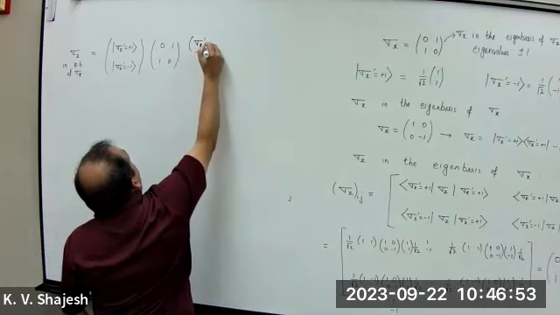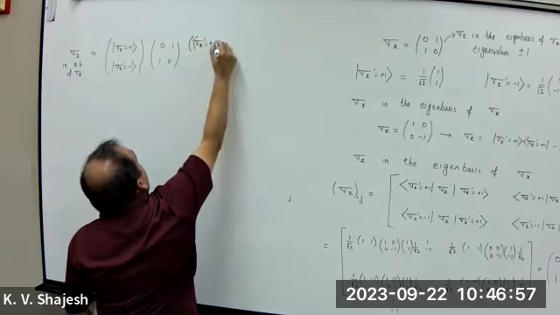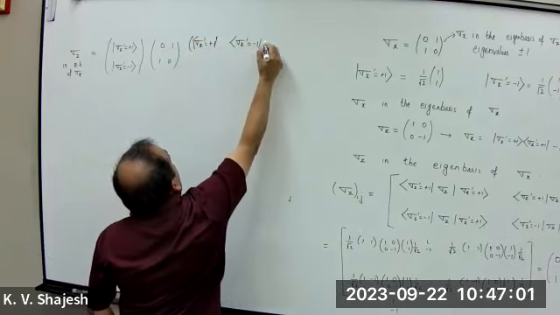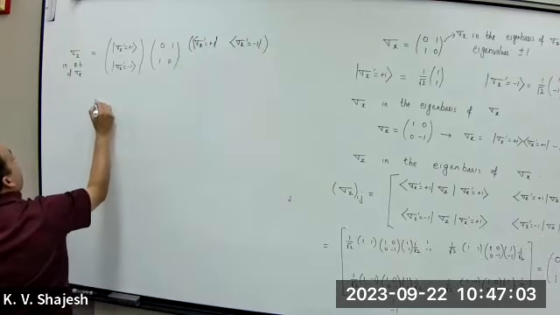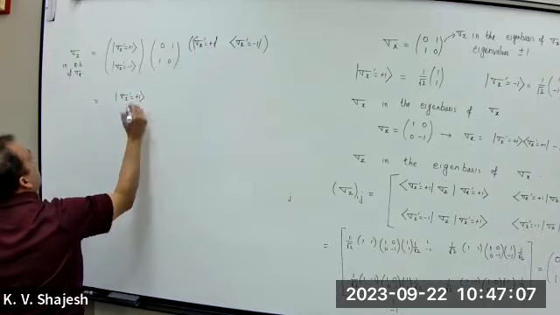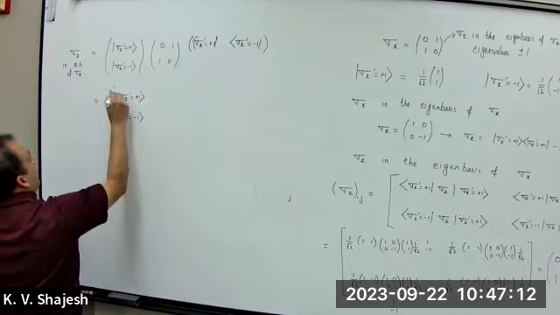Sigma x prime is equal to +1, sigma x prime is equal to -1. In the outer product, sigma x prime is equal to +1, sigma x prime is equal to -1.